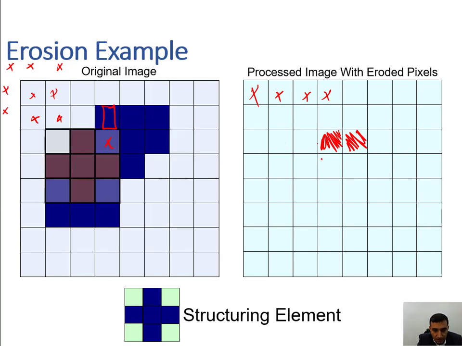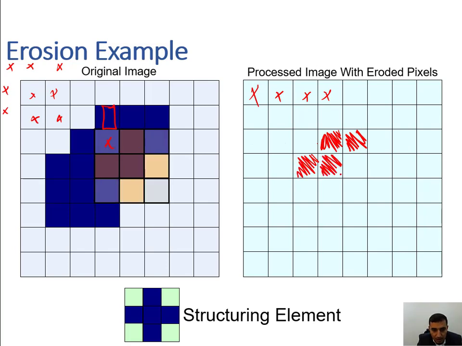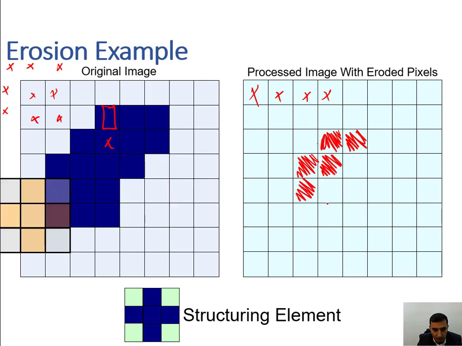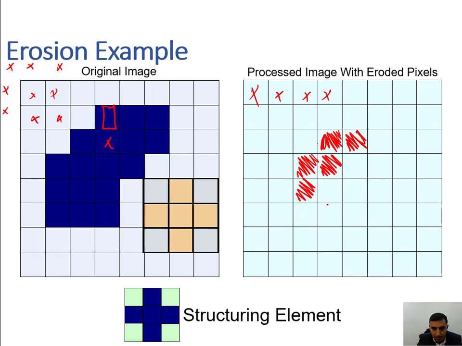Then in this row, pixel number 3, pixel number 4, pixel number 5 is out. In this part, pixel number 3, pixel number 4 is out. Here, all of them are out.